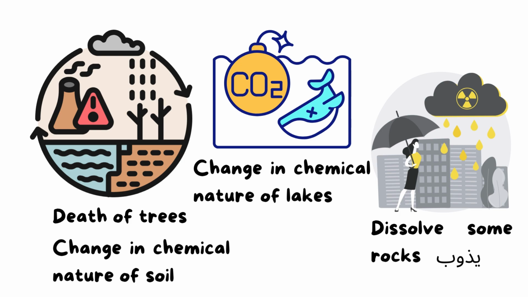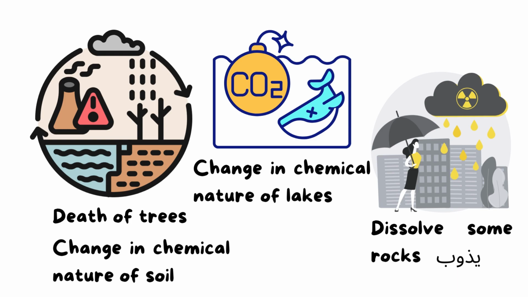Also, if this acid rain falls on lakes, it will harm the fish in these lakes and cause them to die. It will kill the fish and change the chemical nature of the lake, because it is not natural water, it's acid rain.